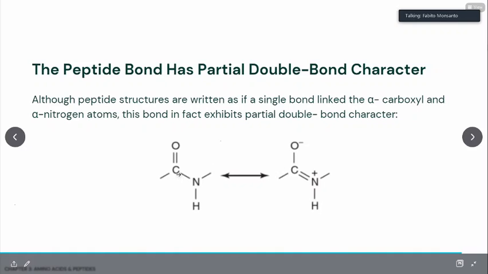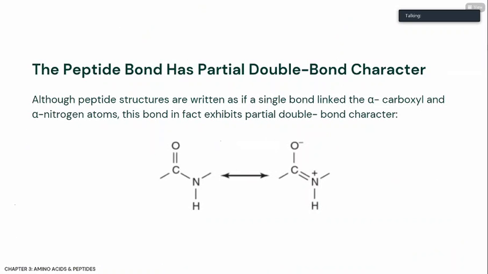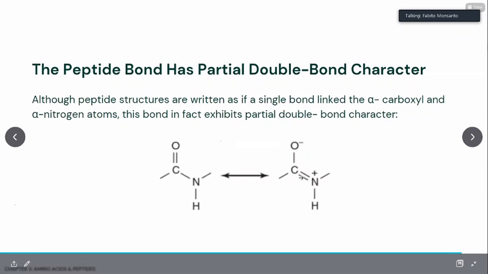Although it is shown as one bar here, it has a character of a double bond, meaning to say that this carbon and this nitrogen cannot be rotated. Cannot be rotated because it has a double bond character.